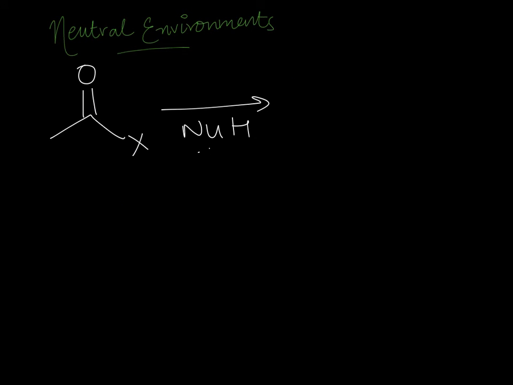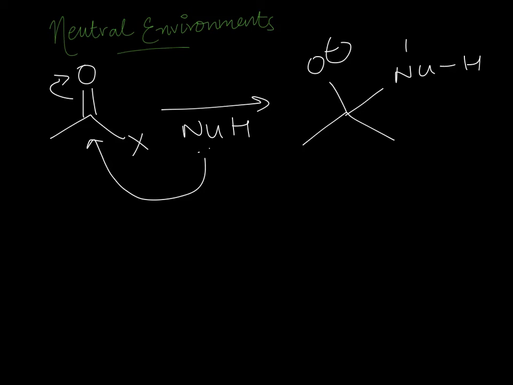So let's look at the exact same mechanism in a neutral environment. Now, you could form some negative charges, some positive charges, and the point is that the neutral environment doesn't really care.